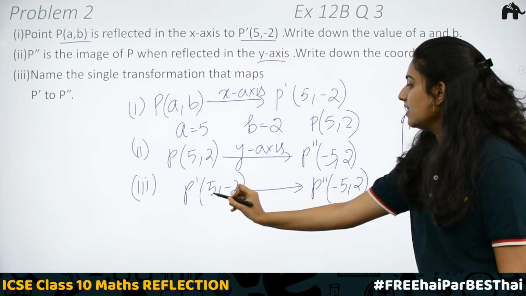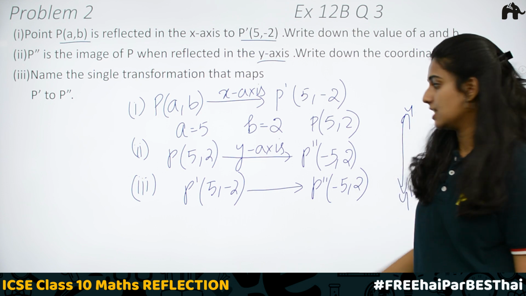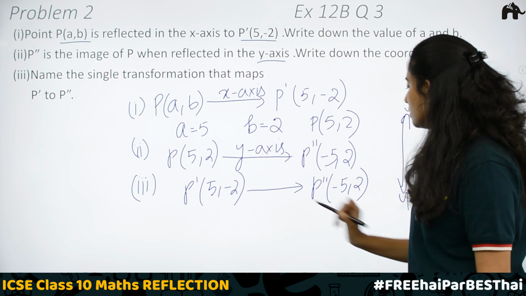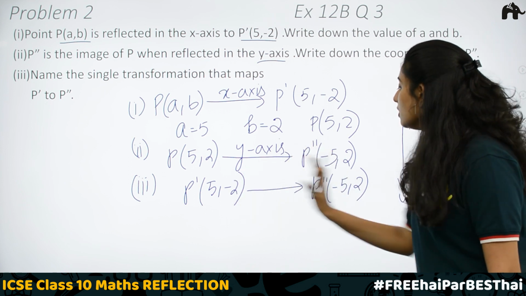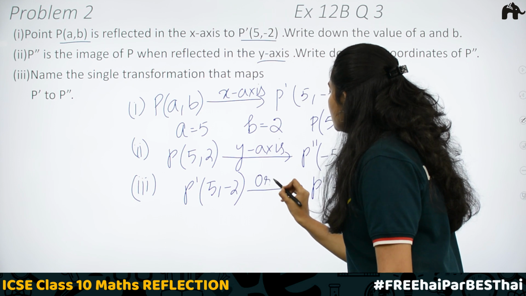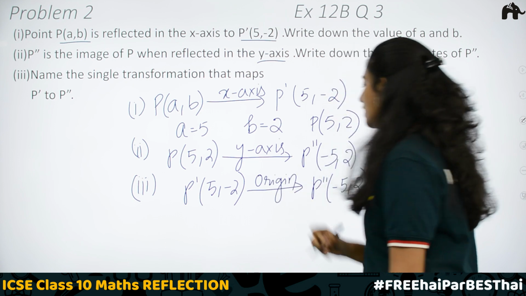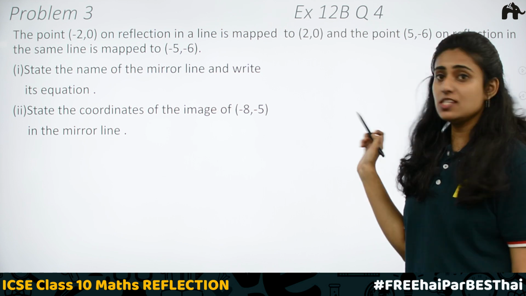For the x coordinate, here we have plus 5, here we have minus 5. The sign has changed. For the y coordinate, minus 2 becomes plus 2. Again the sign has changed. That is, both coordinate signs change, which means the reflection is in the origin. Clear? Next, problem 3, question 4 of exercise 12b.